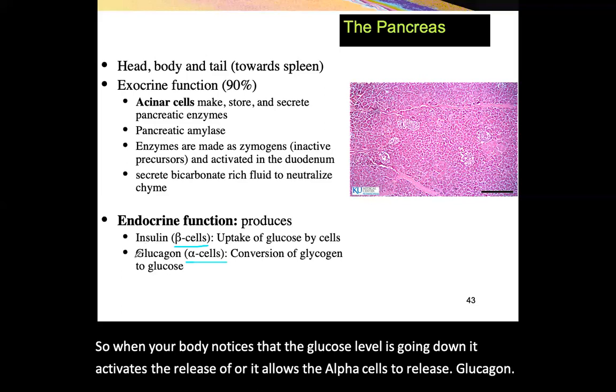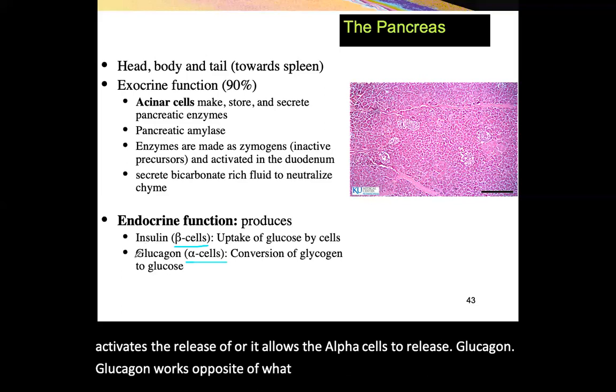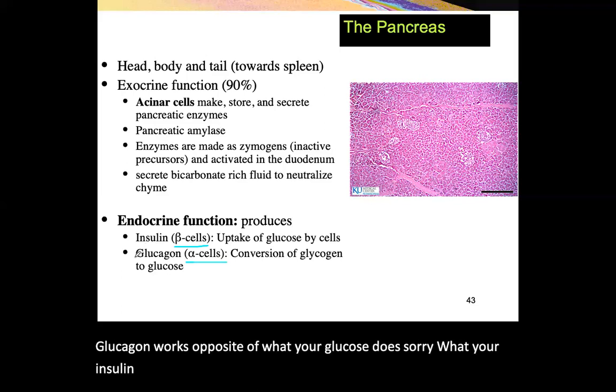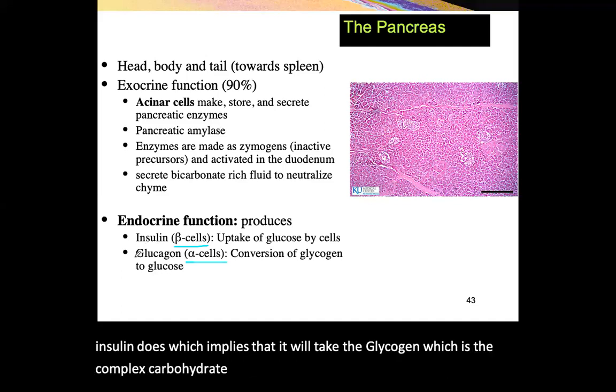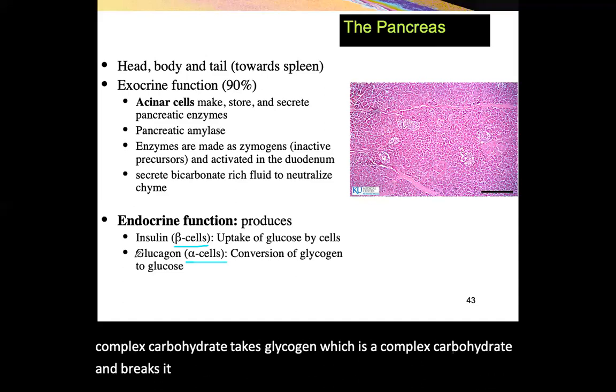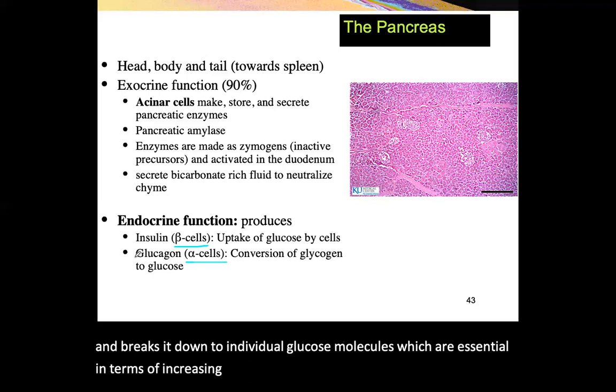Glucagon works opposite of what your insulin does, which implies that it will take glycogen, which is the complex carbohydrate, and break it down to individual glucose molecules, which are essential in terms of increasing your blood glucose back to normal.